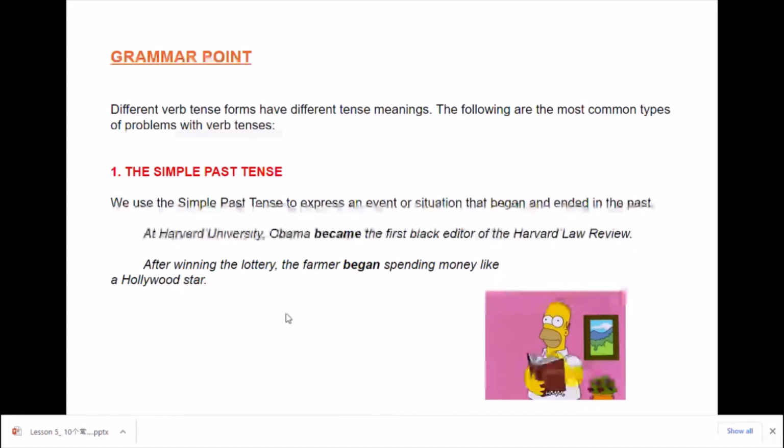The thing is, when we are dealing with the simple past tense, we know that the action began in the past and ended in the past. So we just state the fact. For example, this guy came to the United States in 1986, right? That's it. So that's called the simple past tense. Easy.